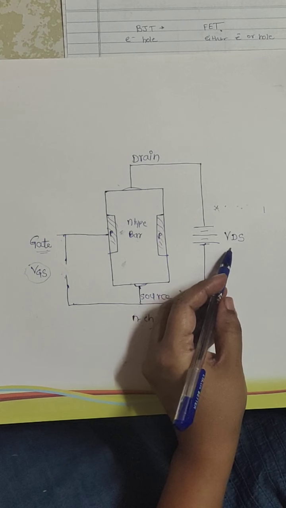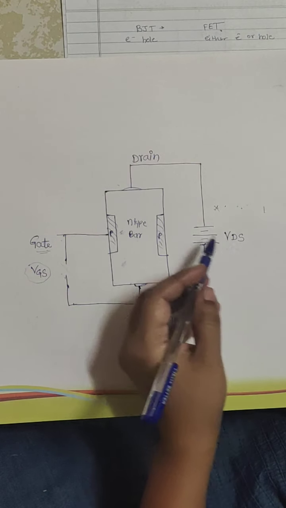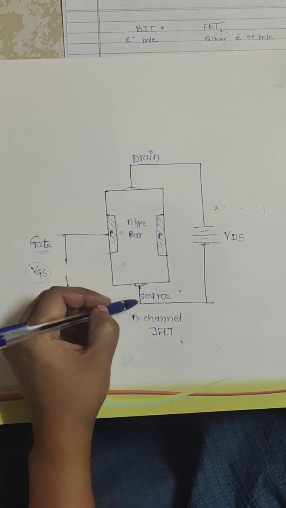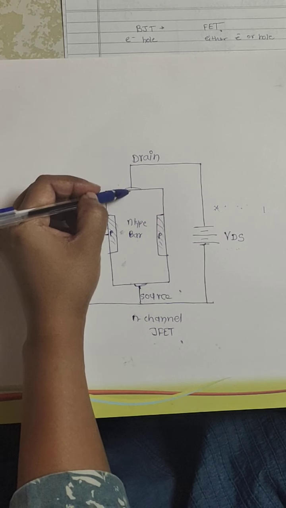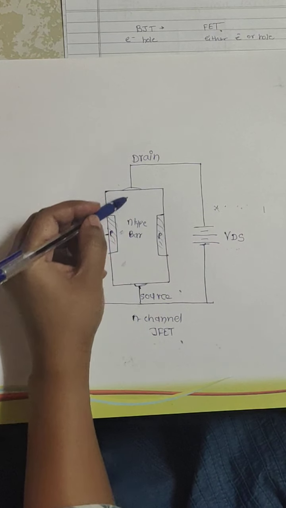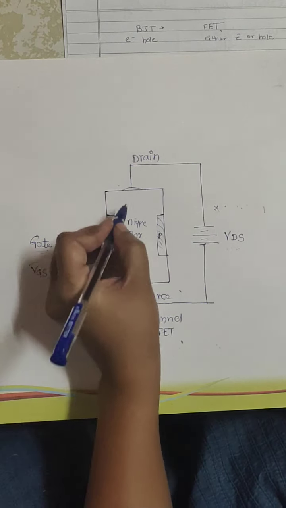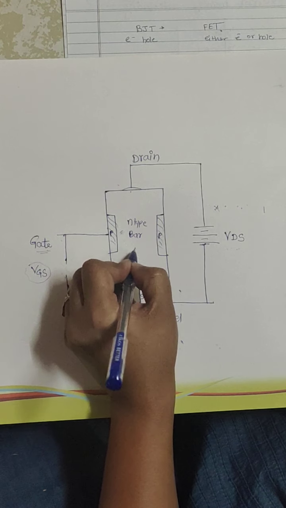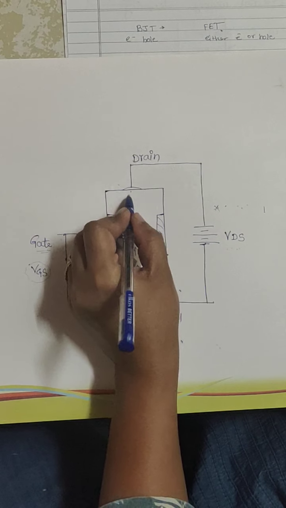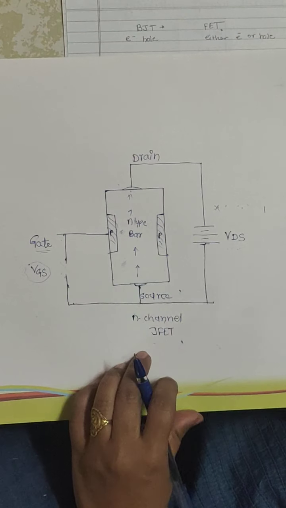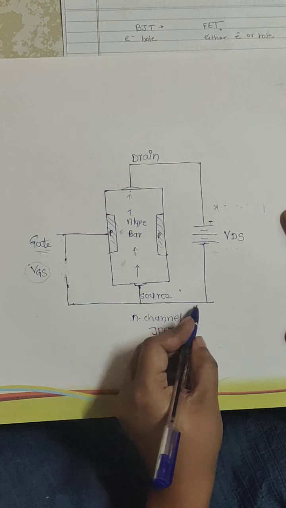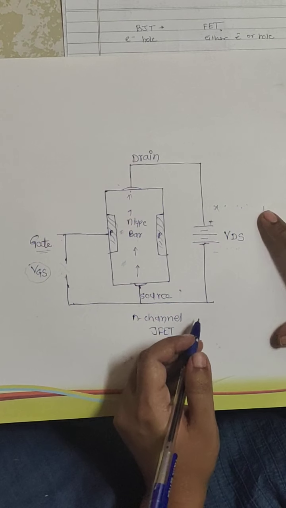Due to this VDS, electrons will flow from source terminal to drain terminal, and current will flow from drain terminal to source terminal, from positive terminal to negative terminal.